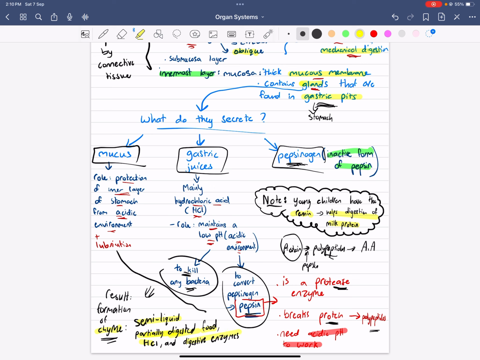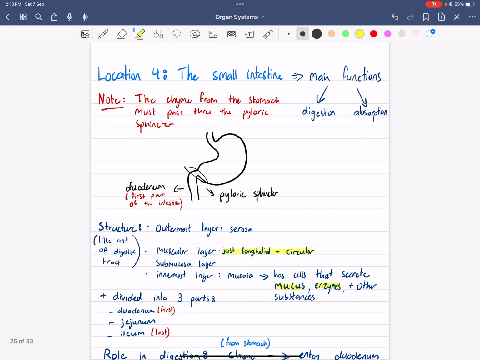Okay? And now this chyme, where is it going to enter? It's going to enter the small intestine. Perfect. However, before it enters the small intestine, there's another sphincter. So what did we notice? We noticed that the stomach, this is the stomach, is connected to the esophagus and to the small intestine by two sphincters.